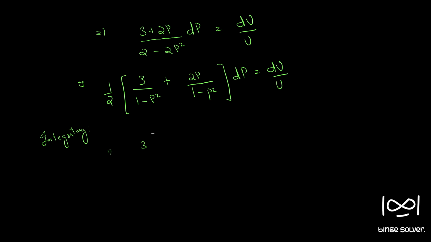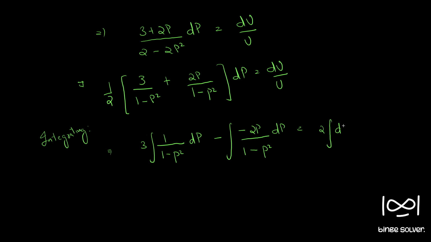So we have 3 integral 1 by 1 minus p square dp plus, since the differential of this term is minus 2p and we have that already, minus integral minus 2p by 1 minus p square dp equal to 2 times integral du by u plus a constant.